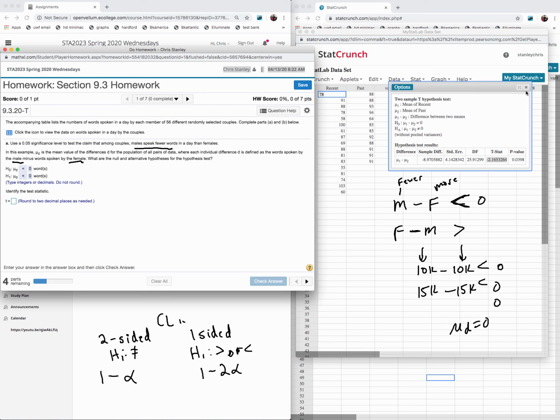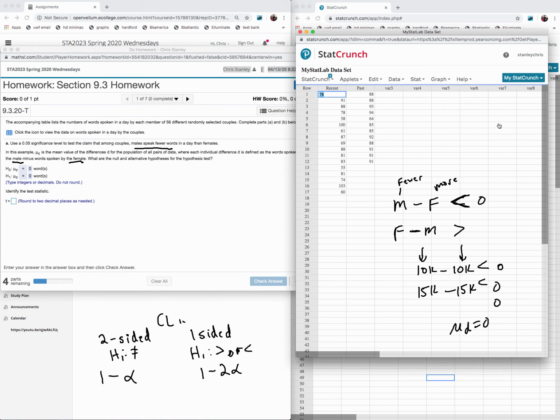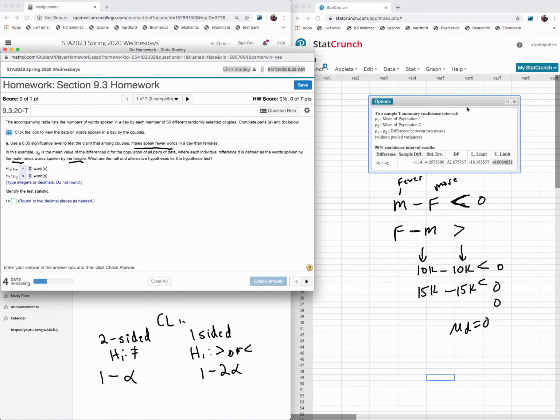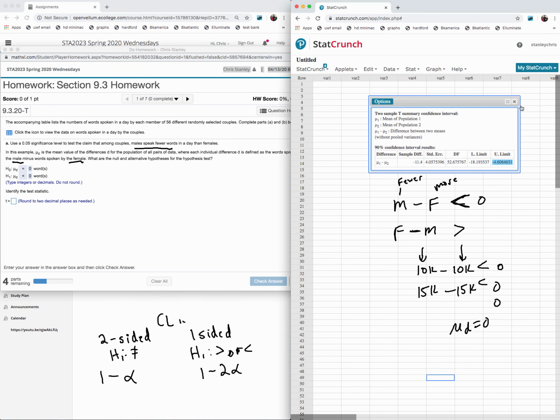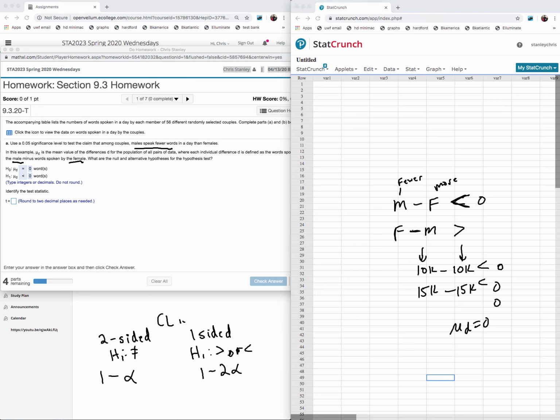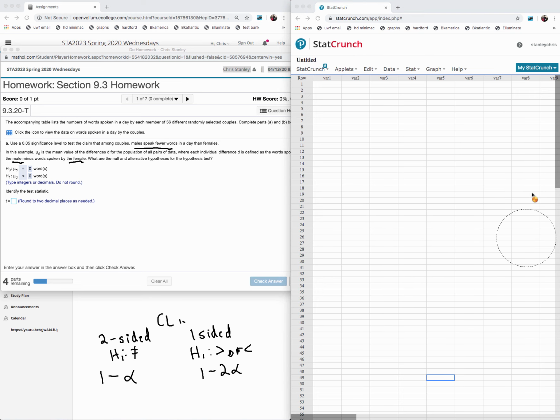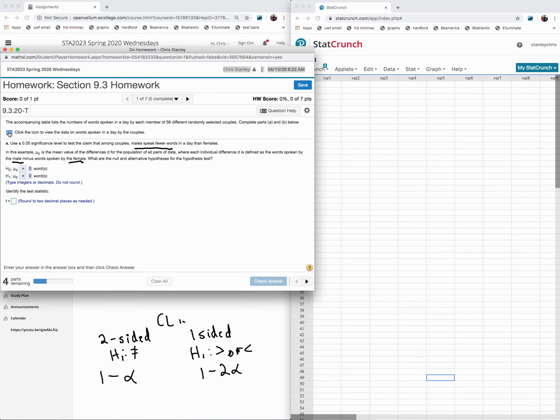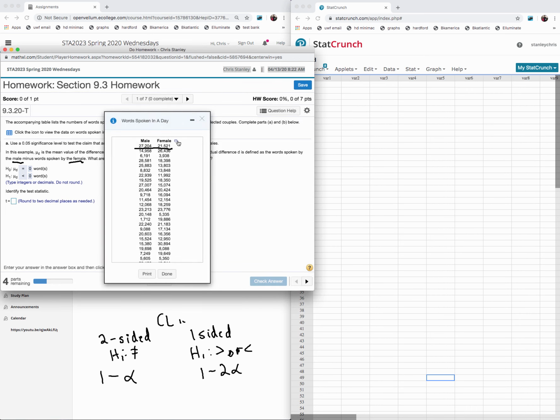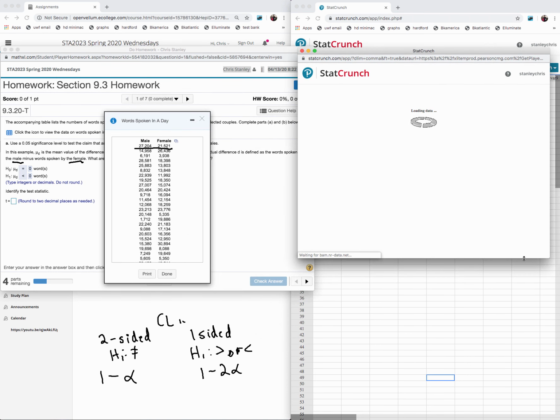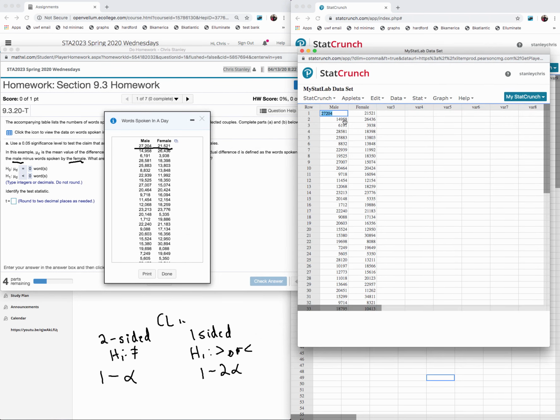Okay, so to run the test, we're going to have to open the data. These paired tests are always run as the data. So I just hit that box, open it up, and they think this column overall is going to be less than this column overall.